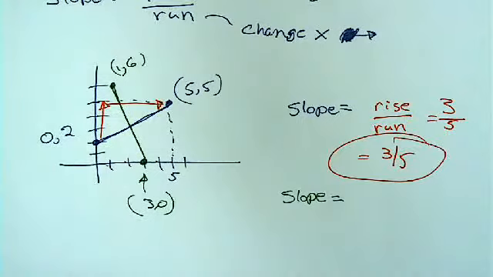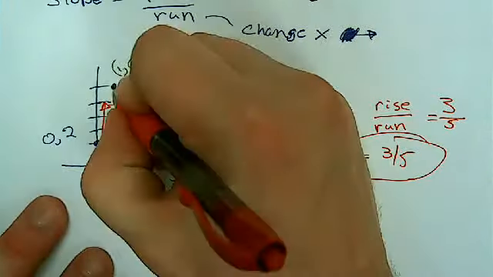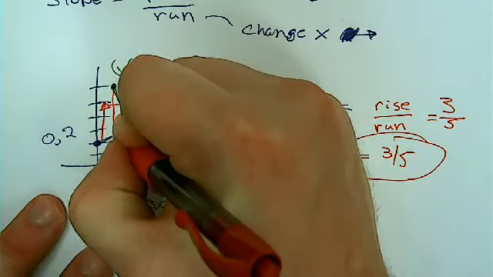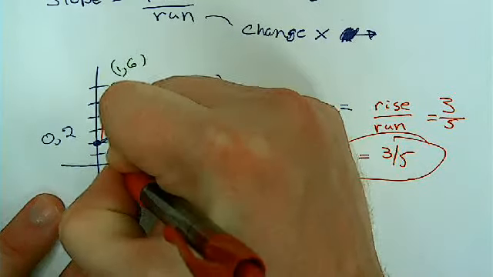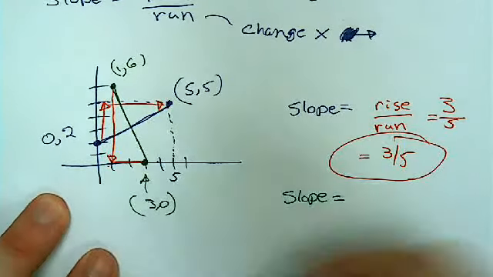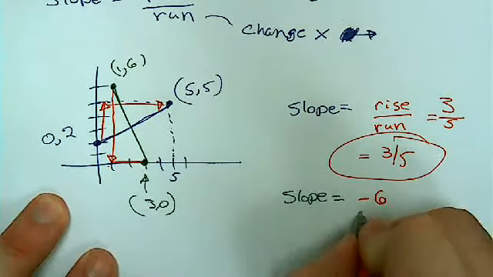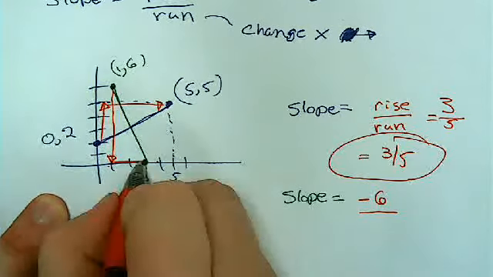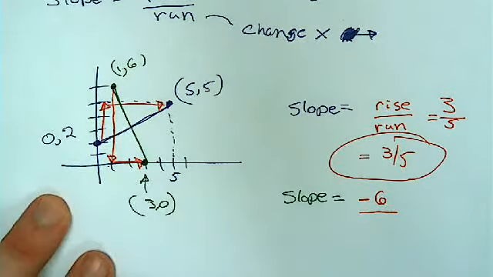In this case, what's my rise? -6. I go 1, 2, 3, 4, 5, 6 to get down here. So my rise is -6. And then I go over, I run how many units?